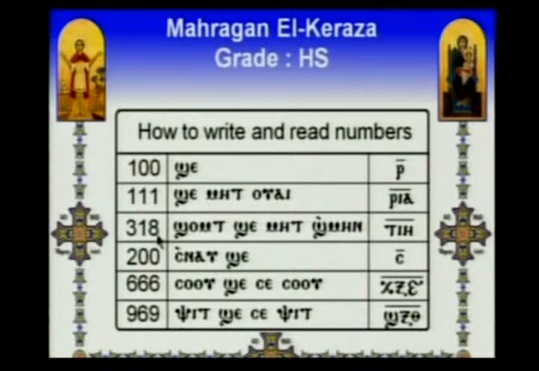The next one 318 is shomte she, which means 300, meet ishmin, 200 snav she. 666 is so she, say so. And then 969, which is the age of Methuselah, right? Psit she, say psit.